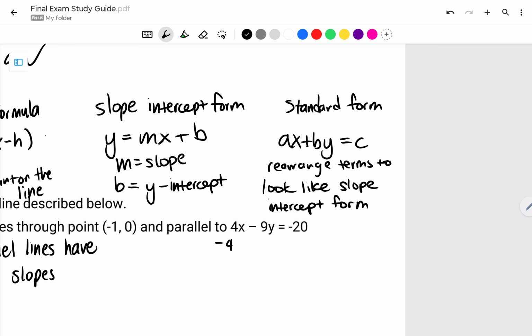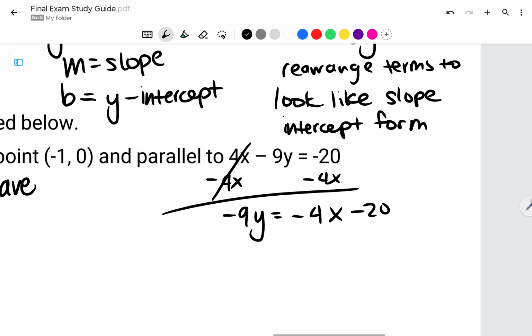I'm going to do minus 4x, that goes away. Negative 9y equals negative 4x minus 20. Notice how I put negative 4x in the front to get the x first. I'm going to divide both sides by negative 9.